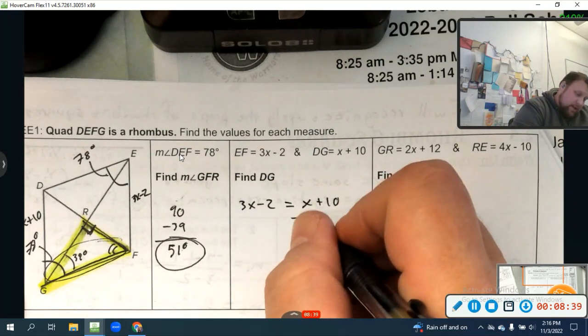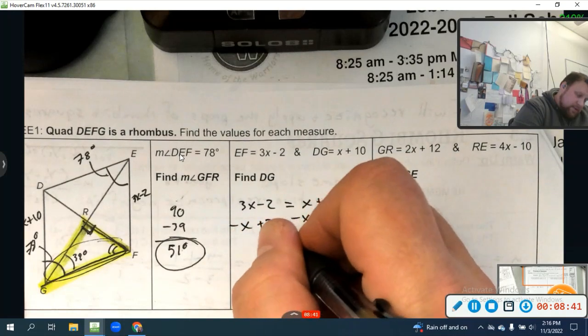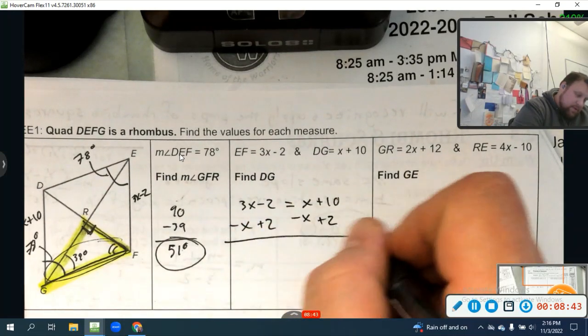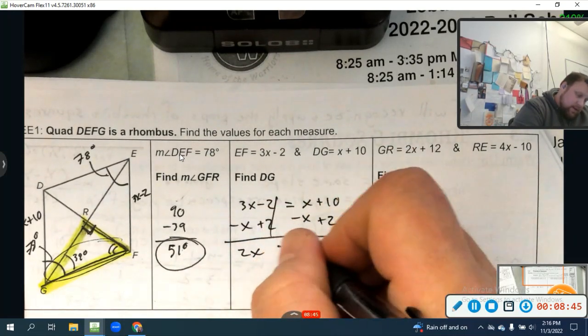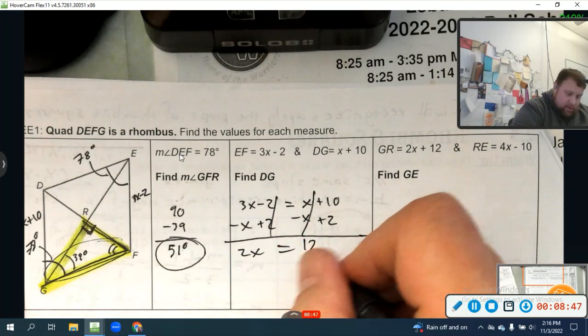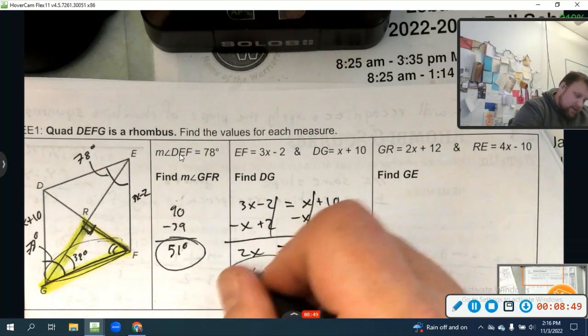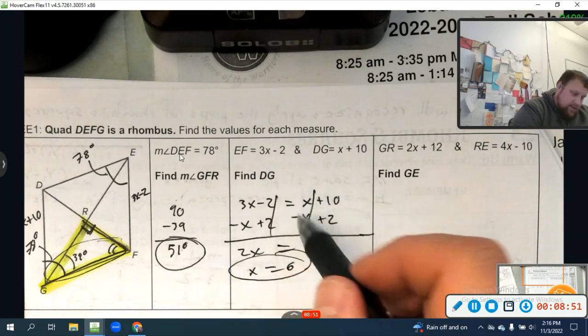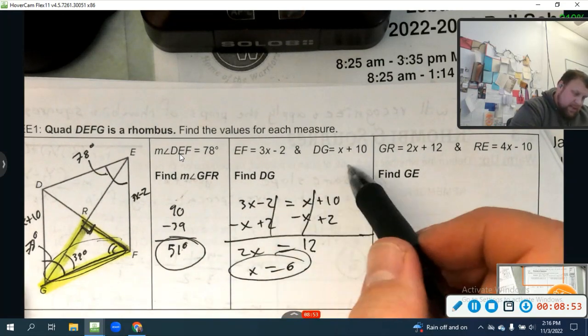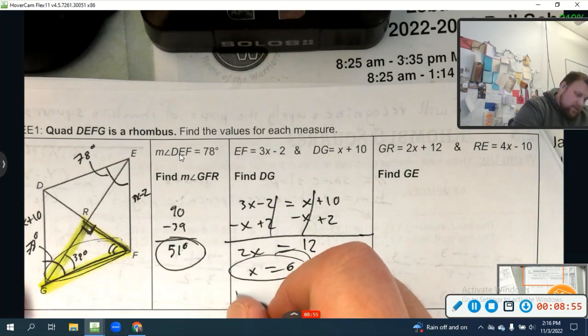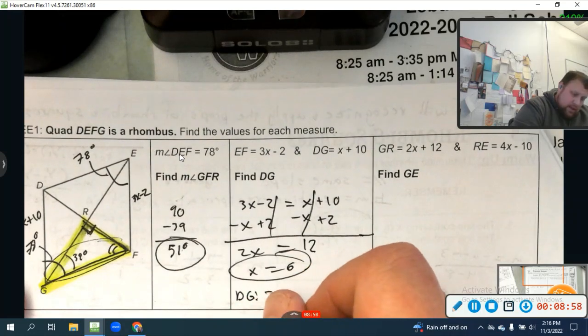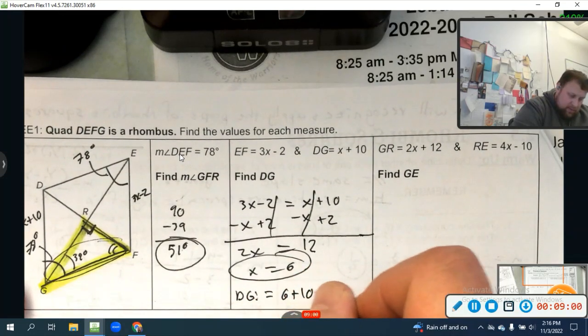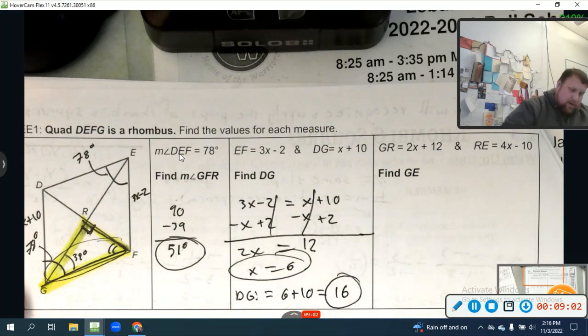And let's just carry this out. Minus x, plus 2, plus 2. 2x equals 12. X equals 6. Okay, let's plug that into, doesn't really matter which one, but it says DG, so let's do that. So DG equals 6 plus 10, which equals 16. Boom.